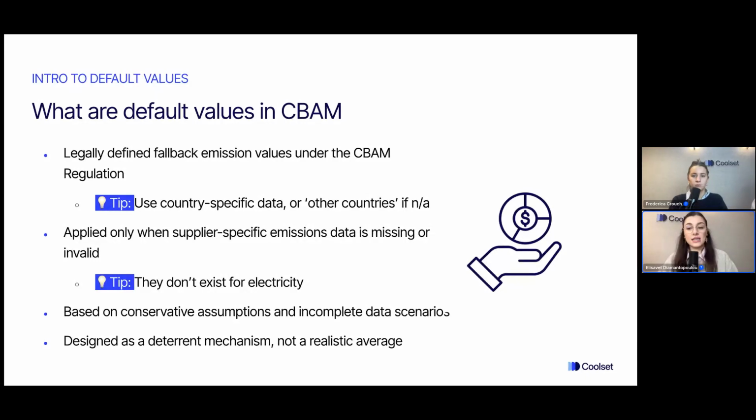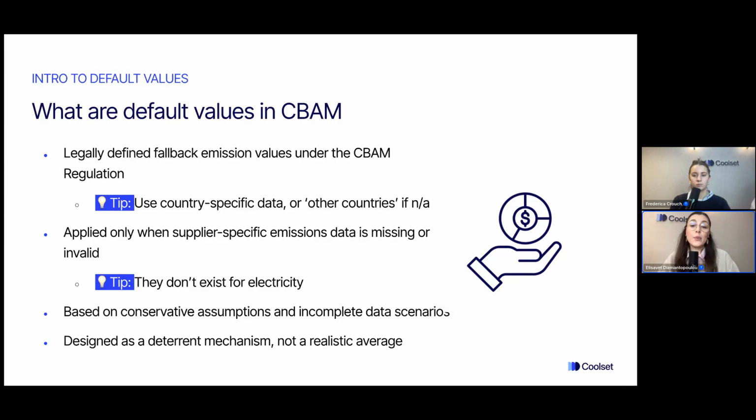And it's not just one alternative calculation method for you. Also, it's important to mention, and I think we had some questions about it as well, that default values do not exist for electricity, at least for now. Electricity always requires the actual data from the installation where it was produced.